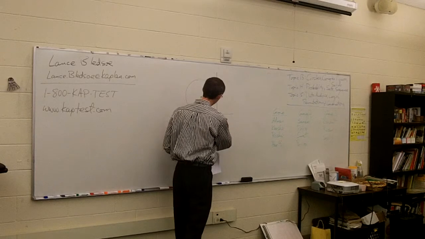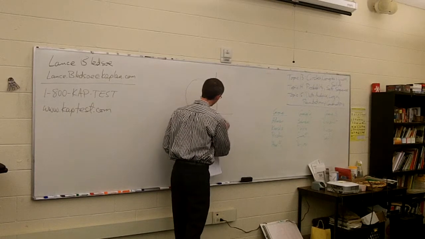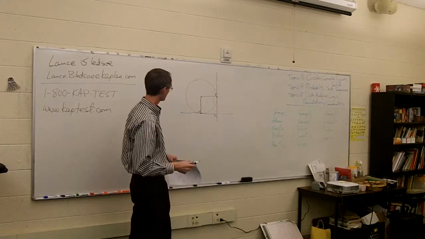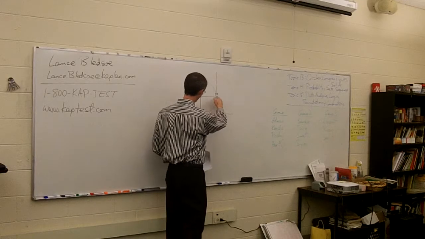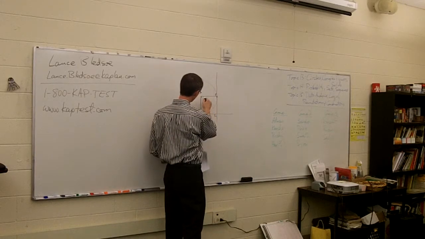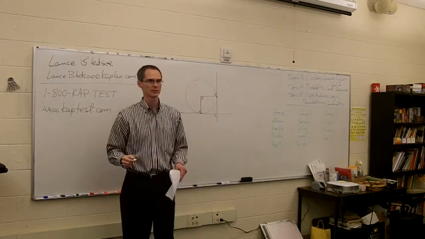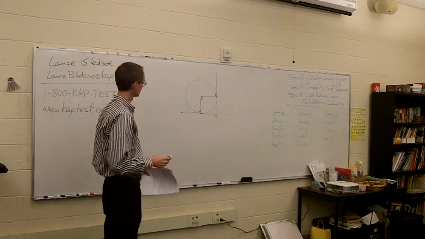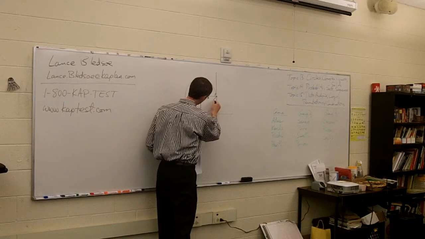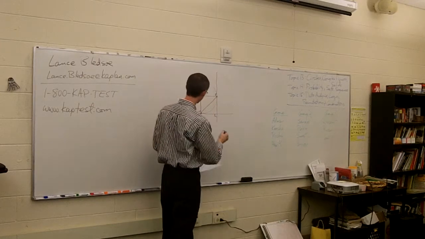I've already got a perpendicular symbol right here where these 2 lines intersect. So here I've got 3 right angles, which means that this angle here is also going to be a right angle. And now I've got this line in here, which I'm told is 2.